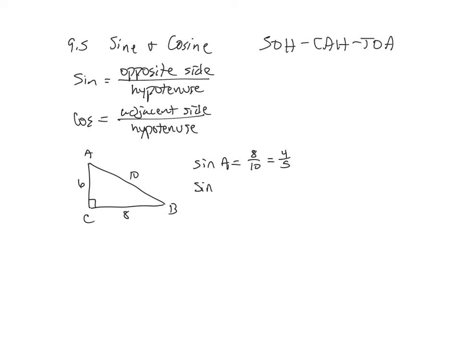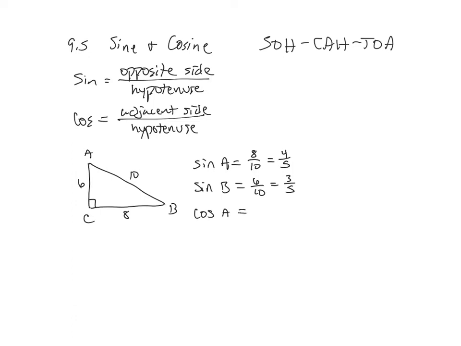The sine of angle B would be 6 over 10, or 3 over 5. Opposite of B is 6. So we use sine in two different ratios, but we have different numbers because we have a different starting point. That's a distinction that we need to look at.